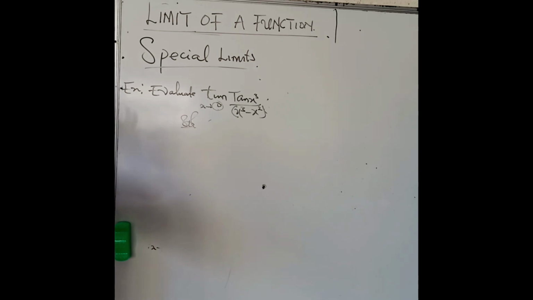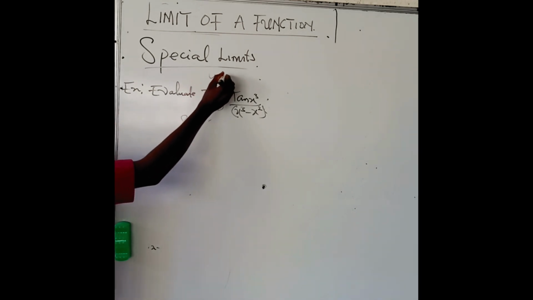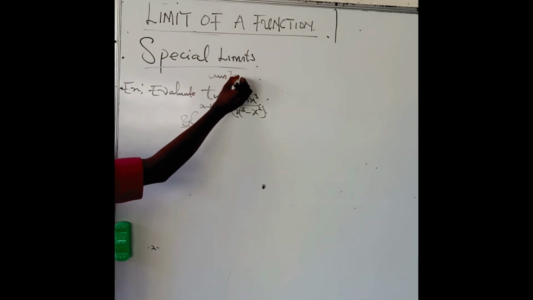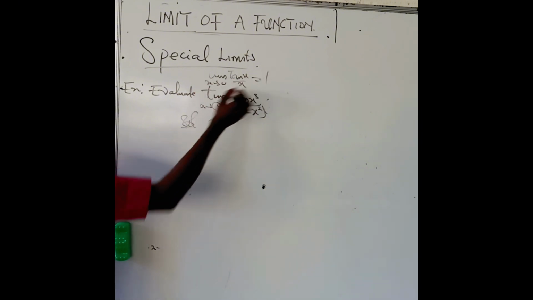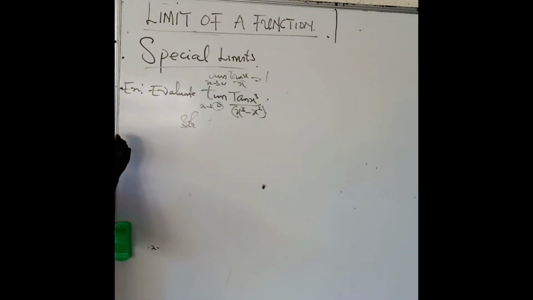And don't forget the limit I mentioned: the limit of tan s over s as s approaches 0 is equal to 1. The first thing you are going to do is divide by the highest power of s in both the numerator and the denominator.